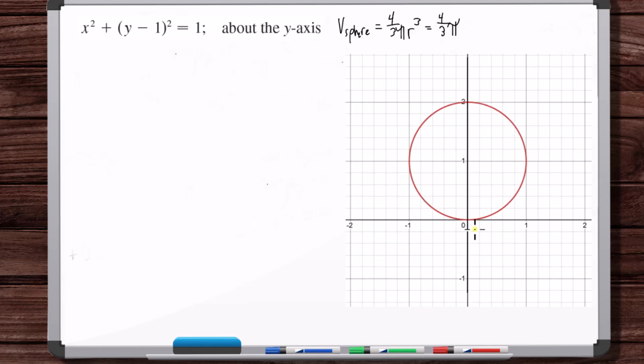So to me, it's going to be discs, and we'll integrate from 0 to 2 with y as the independent variable. Just by first glance, that's got to be easier.